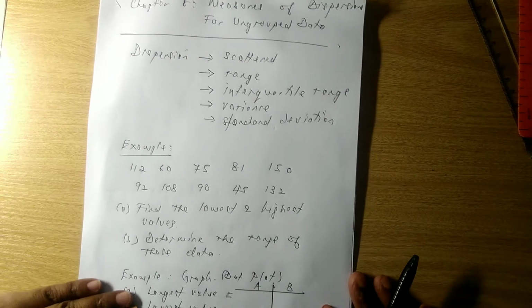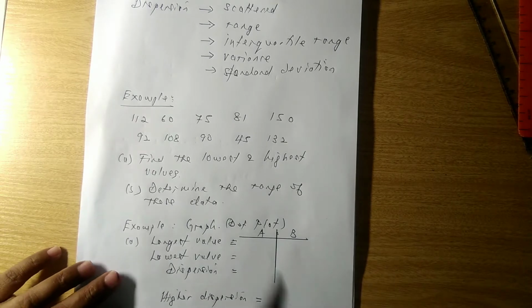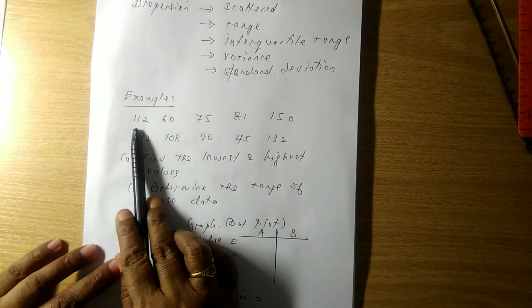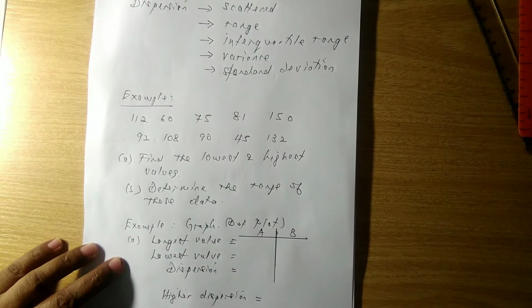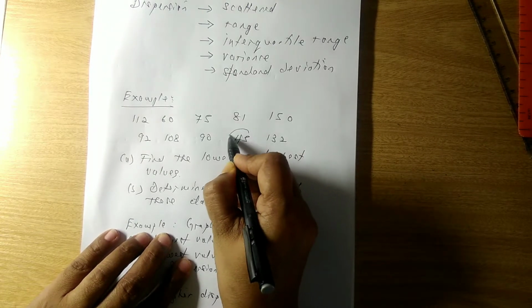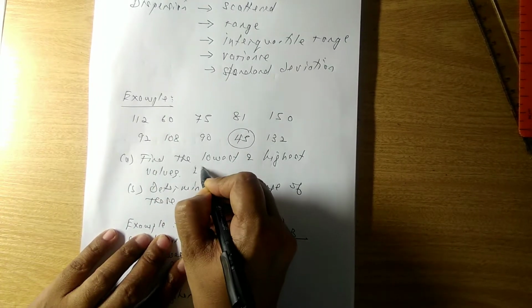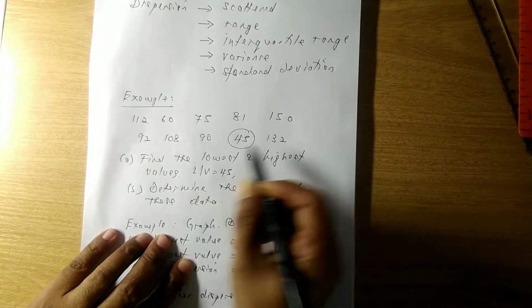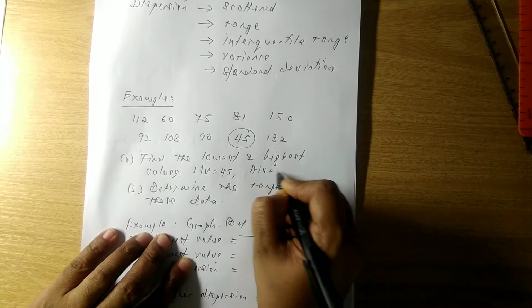For a simple example, something that we've seen before, let's say you've got a set of 10 data here, ranging from 112 and so on. Now let's say the question wants you to find the lowest and the highest values. In this case, the lowest value will be 45, correct? And the highest value, as you can see, is 150.